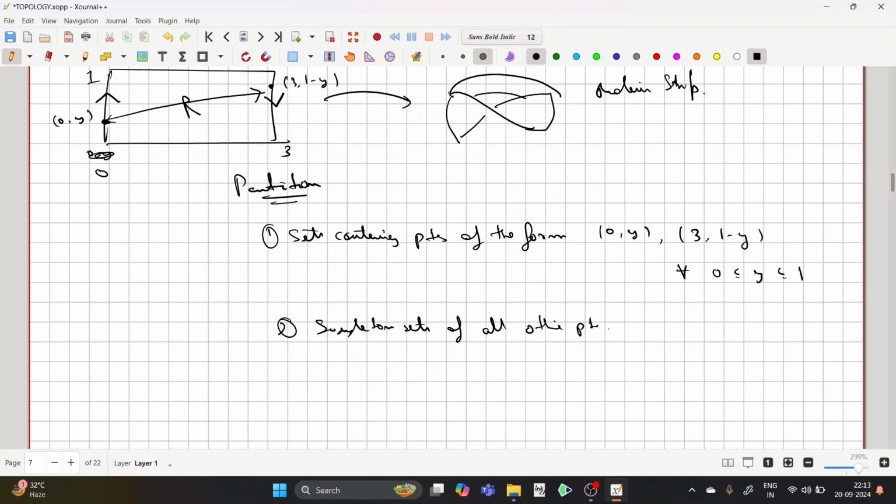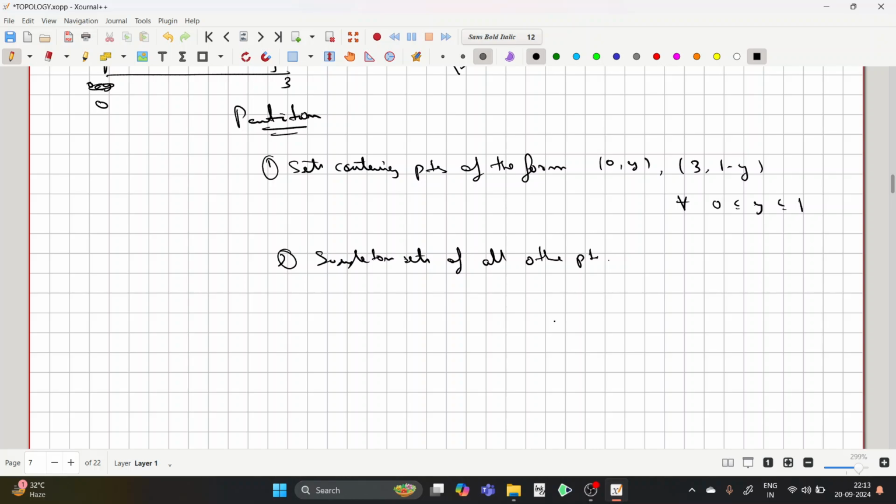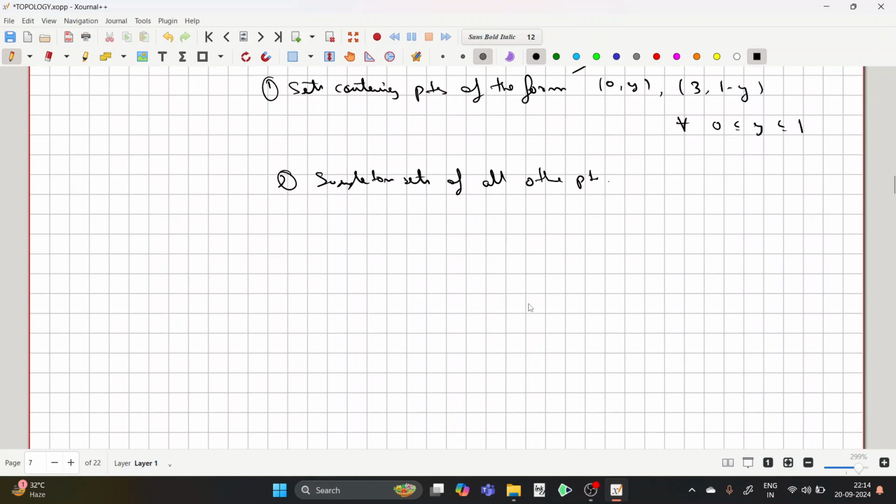This is basically how we had the characterization, and I can think of just having an equivalence relation, relating (0, y) to the point (3, 1 − y).